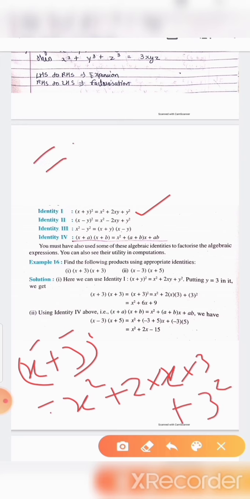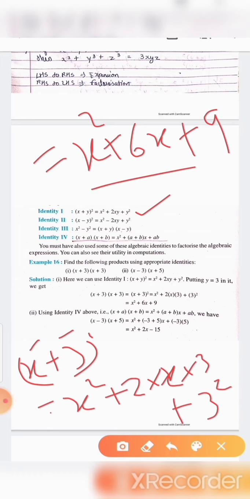Multiplying this, we get x square plus 6x plus 9. This is the expansion of the multiplication of the two brackets, or the expansion of our question.